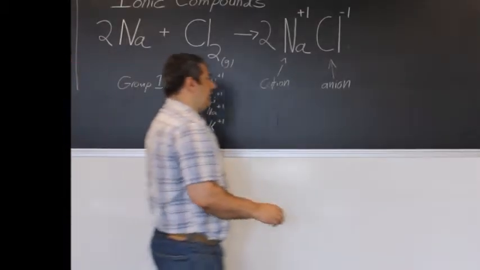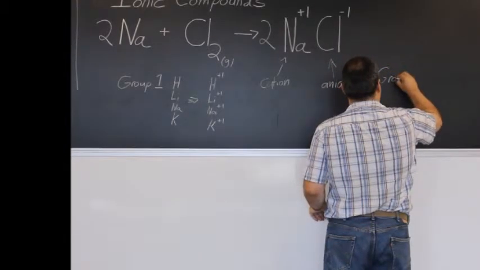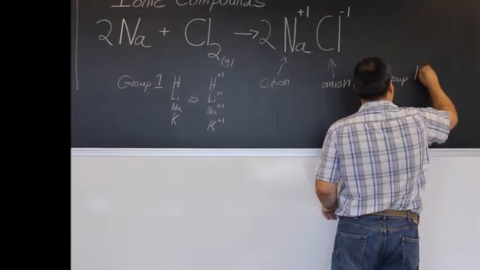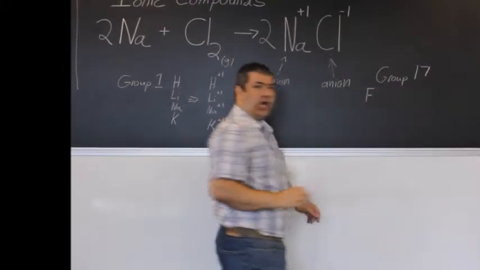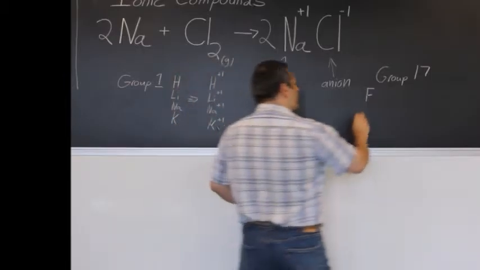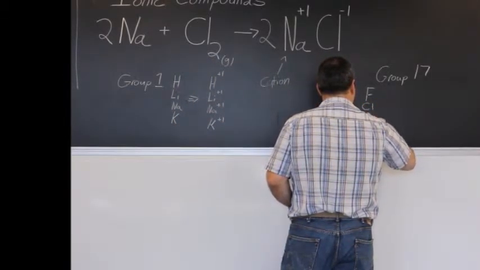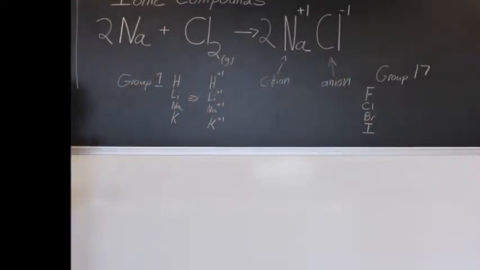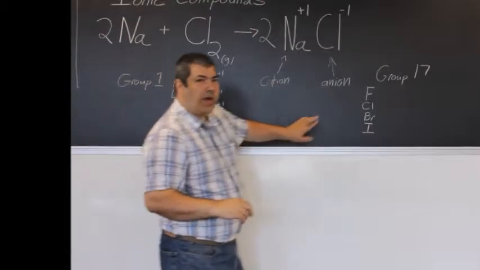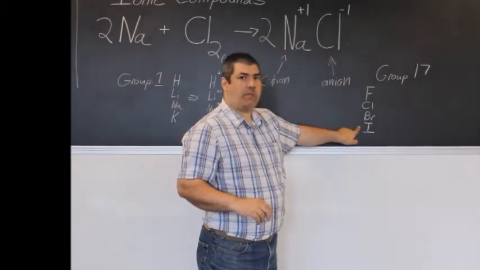On the other side of the periodic table, group 17, here we have fluorine, chlorine, bromine, iodine. So these elements, and by the way, I'm writing them right now as monoatomic species.